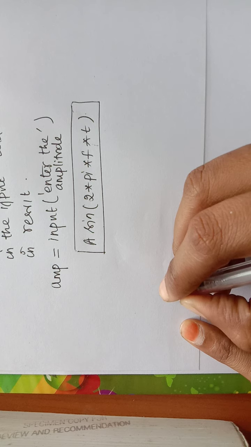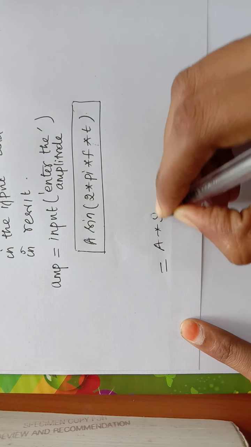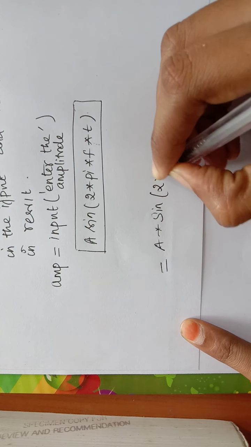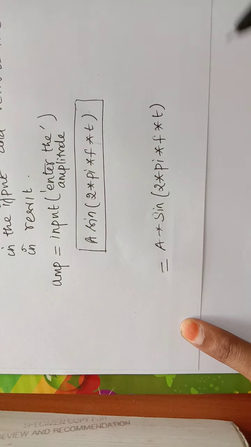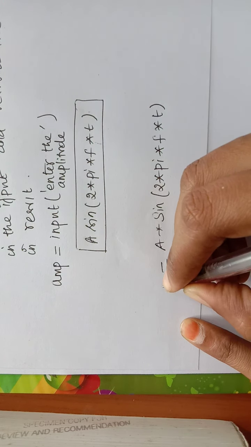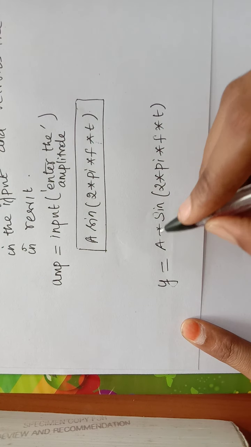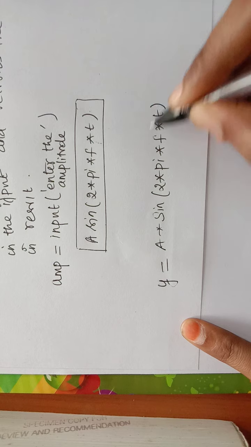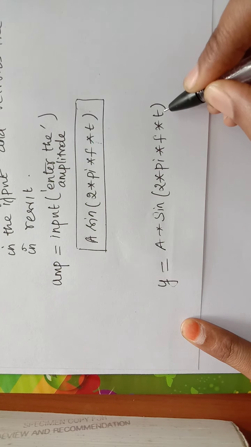So what I am going to do is write this expression: A times sin(2 star pi star f star t). Now assign this to some variable, so consider this is y. If I want to generate this expression, we need an amplitude, frequency and time.